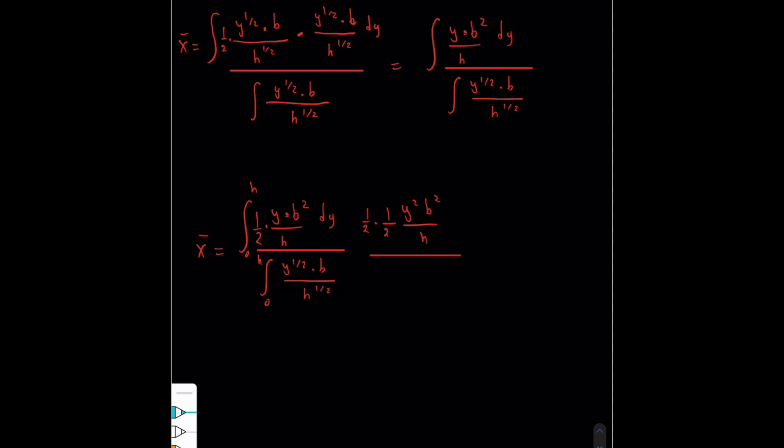And for this over here, it's going to be 3/2 b multiplied by 2, 3 h 1/2.